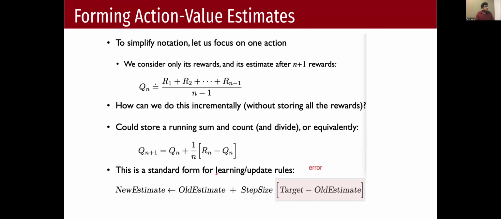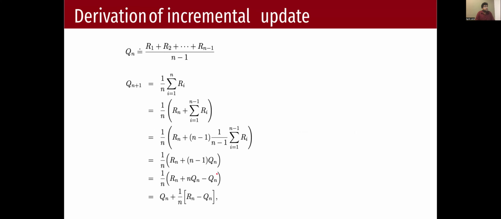So if you see, this is my derivation. Qn equals R1 plus R2 plus up to Rn minus 1, divided by n minus 1. What is Qn?